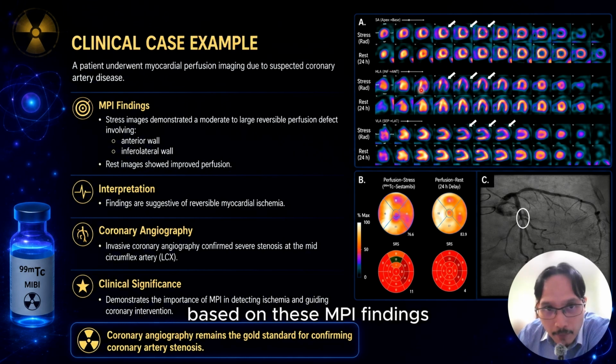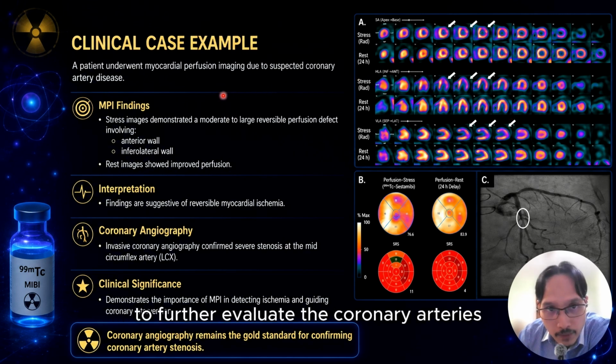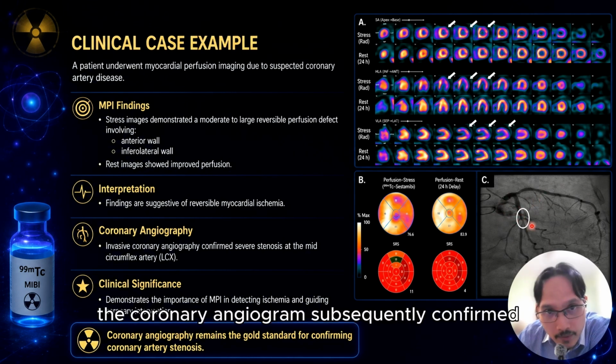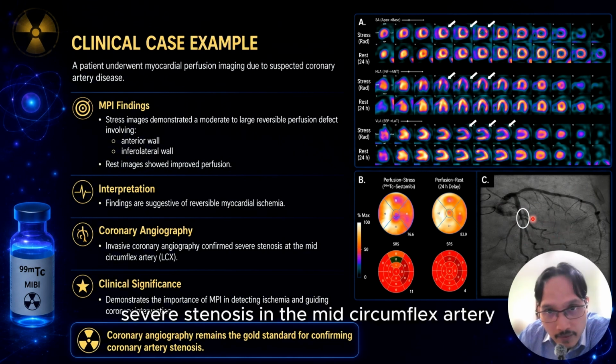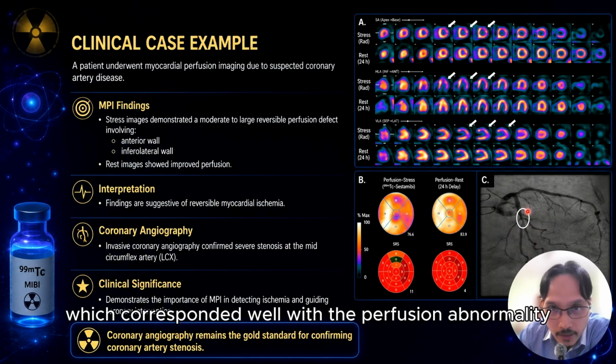Based on these MPI findings, the patient was referred for coronary angiography to further evaluate the coronary arteries. The coronary angiogram subsequently confirmed severe stenosis in the mid-circumflex artery, or LCX, which corresponded well with the perfusion abnormality seen on MPI.